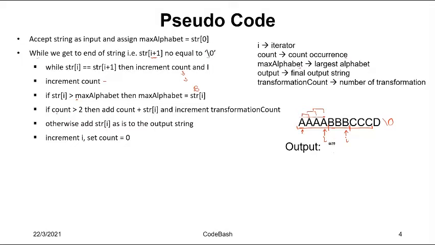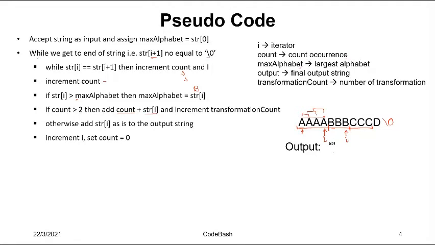So here we are checking the count, which is basically how many times consecutive characters were occurring. If that count is greater than 2, meaning 3 or more, then we add a string format of the count and we add str of I. So str of I is basically a here.